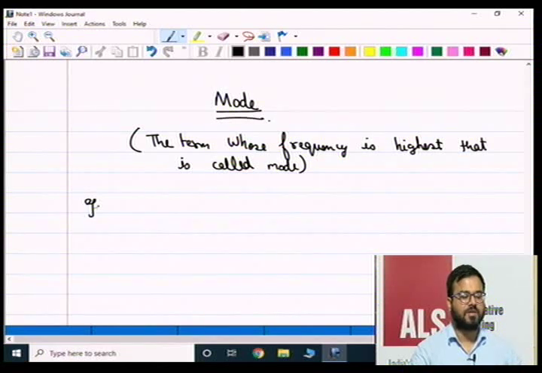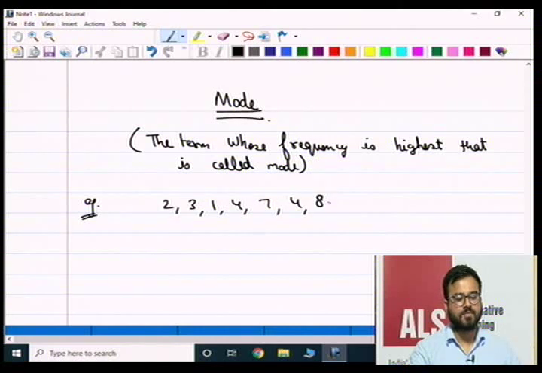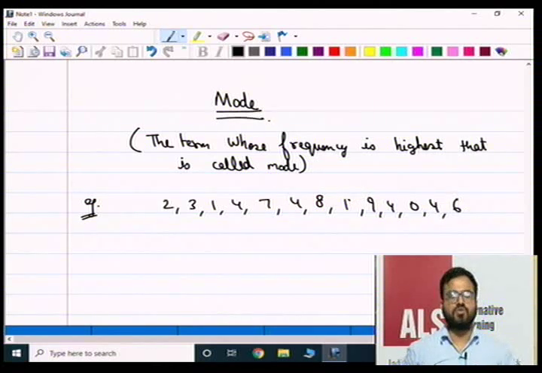Let's say the marks of the students in a class, out of 10, are 2, 3, 1, 4, 7. So these are the marks of the students in the class.